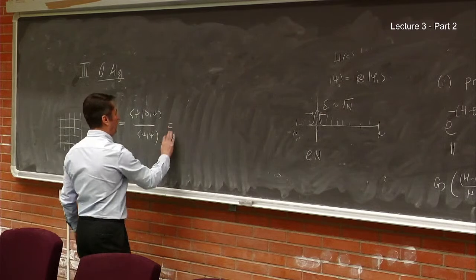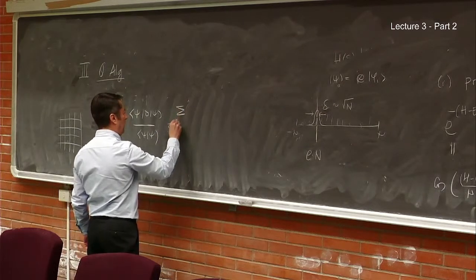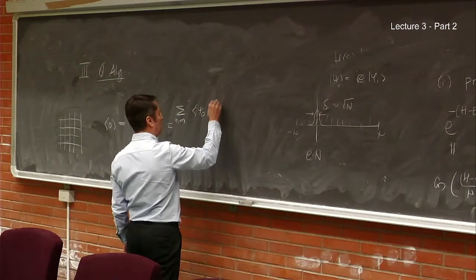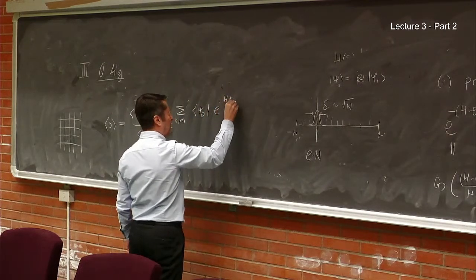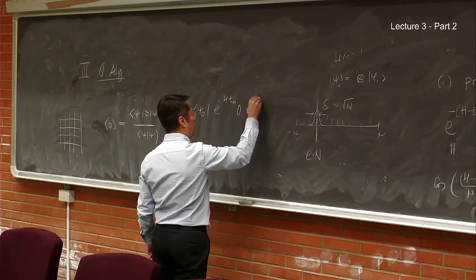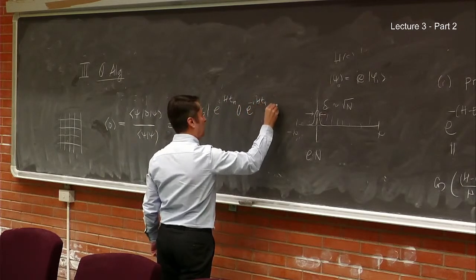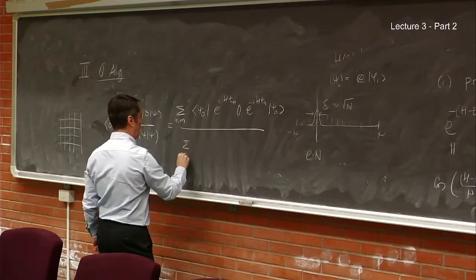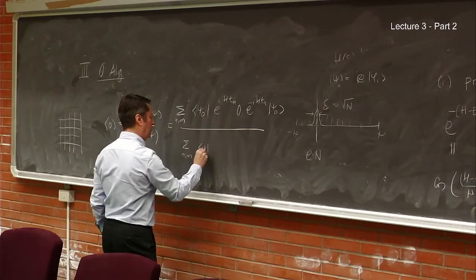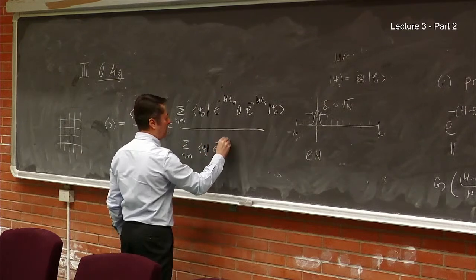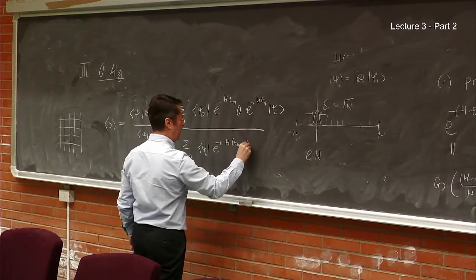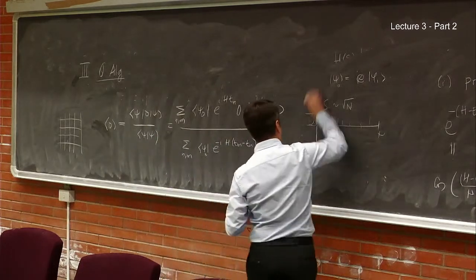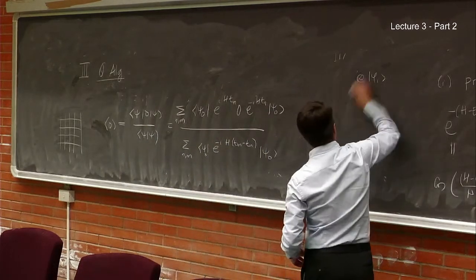There will be a sum over n and m of psi 0 e to the i H t_n O e to the minus i H t_m psi 0, divided by the sum over n and m of psi 0 e to the minus i H t_n times e to the i H t_m psi 0. So this is what I want to compute.